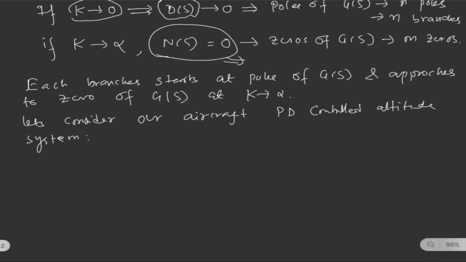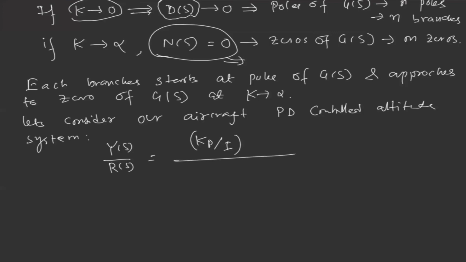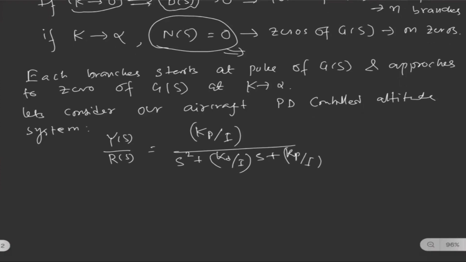If you remember, we had the transfer function Y(s) by R(s) equal to Kp divided by I, and we had the polynomial for the denominator s squared plus Kd by I into s plus Kp by I. So this is the expression we had.